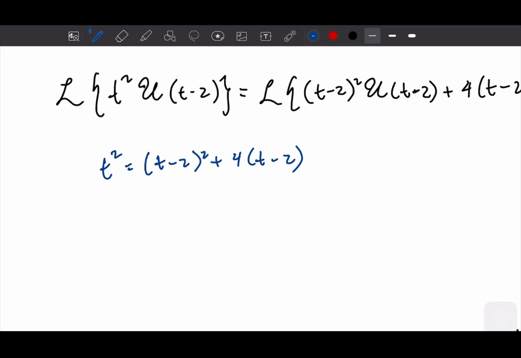It is quite messy. You need to rewrite the t squared as these long expressions. So this is, if we take our time to prove.